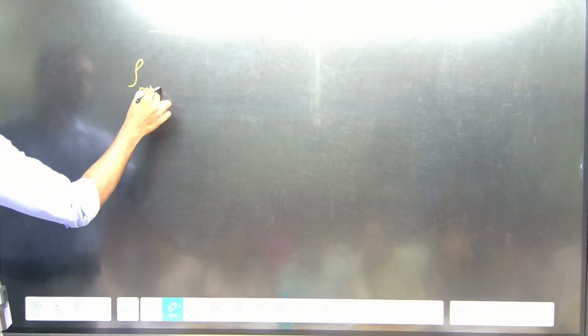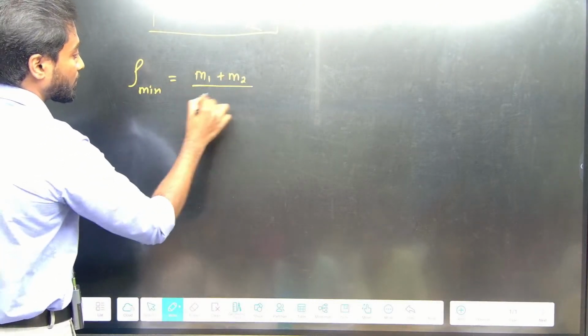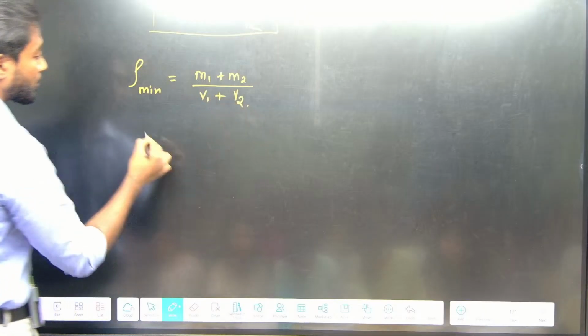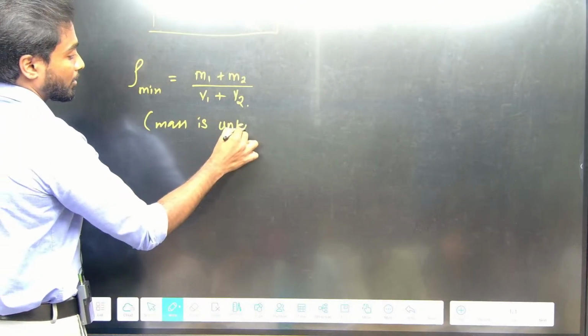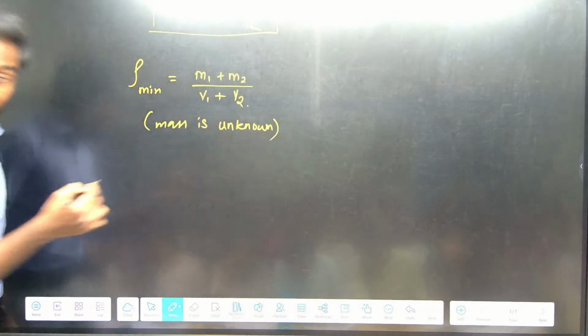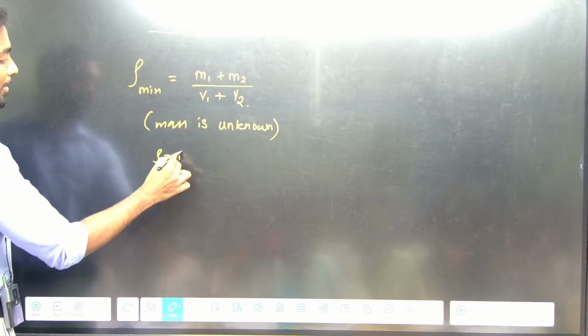then rho mixture will be, here what is the unknown thing? Mass is the unknown thing. So this is m1 plus m2 by v1 plus v2. Here mass is unknown. So can I write density equals mass by volume?